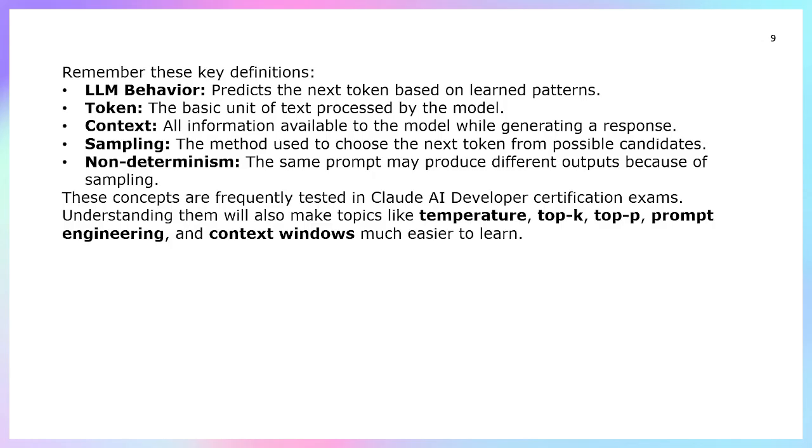But if you ask the same question a second time, maybe you can get another answer. So the list of answers the model has for the same question is called sampling. Non-determinism means that you ask the same question and another time you get another answer, so that is non-determinism.